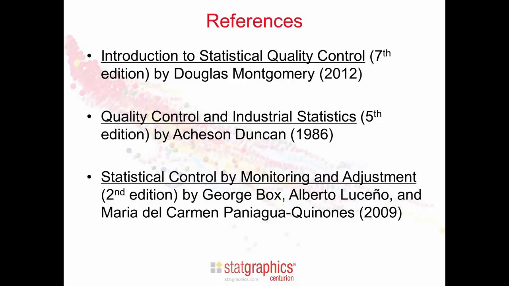I probably butchered that name. But it's in its 2nd edition right now. It's called Statistical Control by Monitoring and Adjustment. So those 3 references are quite useful in seeing all the details behind what I talked about today.